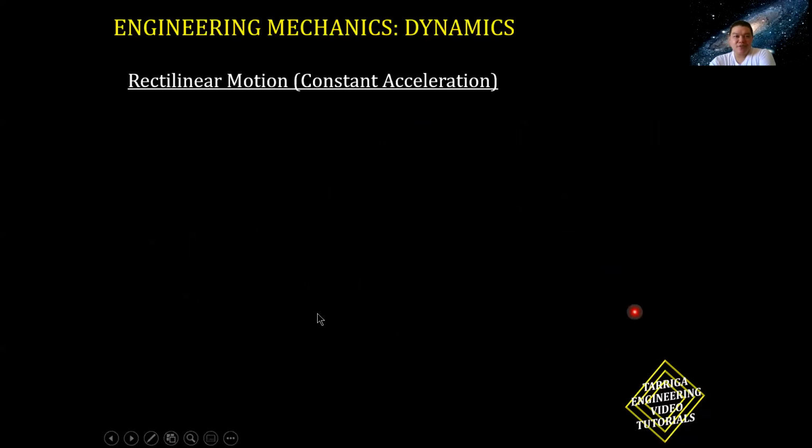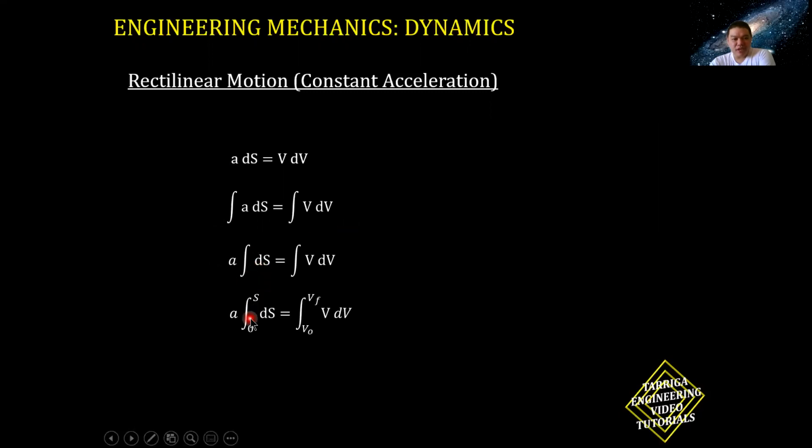Okay? So the last formula is from the differential relationship of motion. So integrating both sides, that would be that one. Continue. So integral of ds, that would be from 0 to s, and dV from VO to final velocity. Okay, so if you continue that one, you can get that.